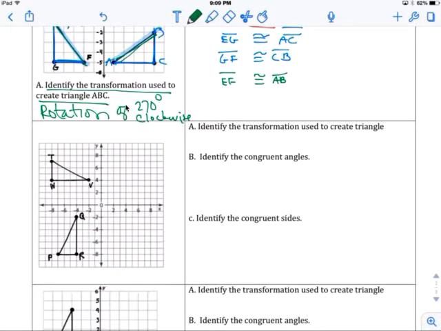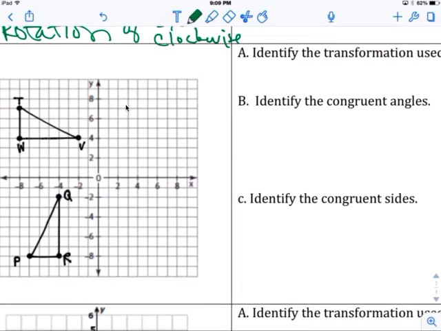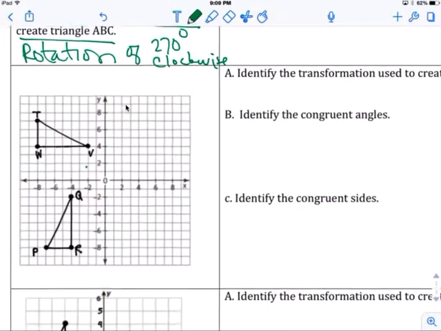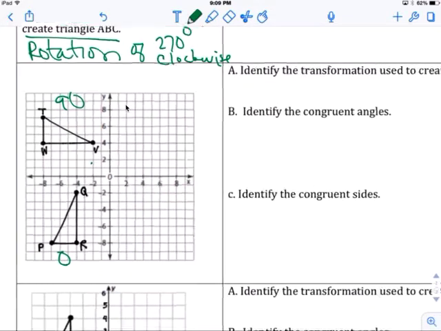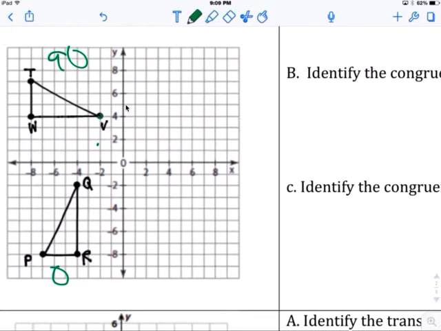Identify the transformation used to create the triangles. So from here to here, whichever way you want to look, it's a rotation, 0, 90 degrees, right? Because it went from here to here, so it was 2, 4, or from here to over there, it was negative 4, 2, so then it becomes 2, 4, the numbers switch.